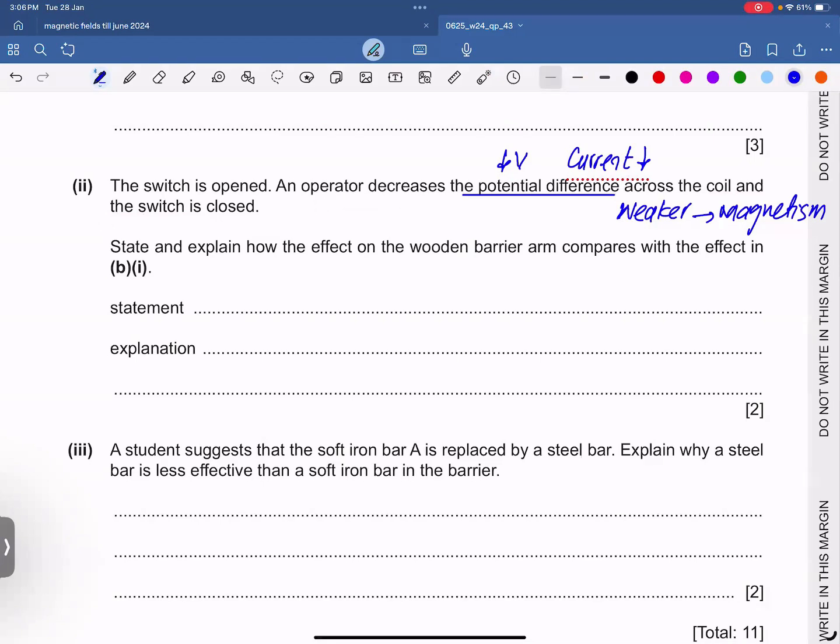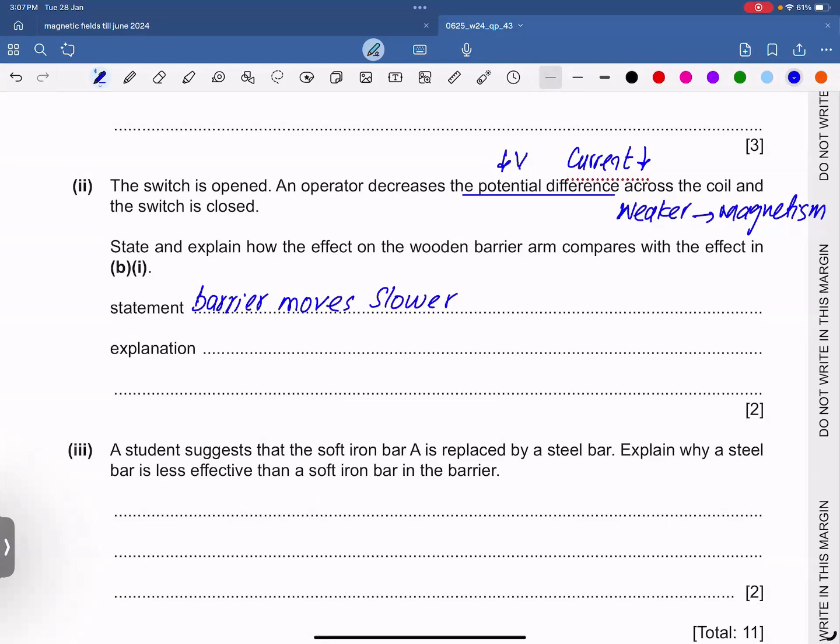So now the switch is open and the operator changes it. State and explain how the effect on the wooden barrier compares with the previous effects. So there will be less or slower movement. Or it will move down, but not as much as before. So you can say smaller movement, or the barrier arm moves slower.